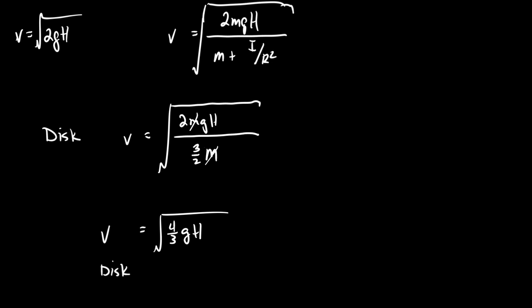But here's the next thing. Let's do that again, but this time for the ring. That's just mr squared divided by r squared. All right, I'm going to branch this off and do the ring. So if I do the ring, the r squareds still cancel.